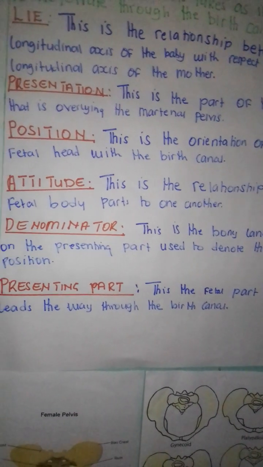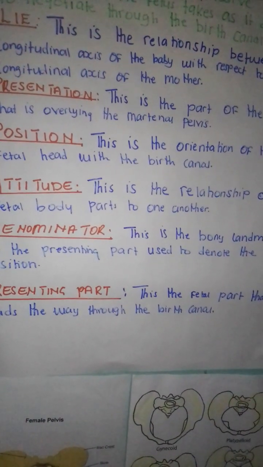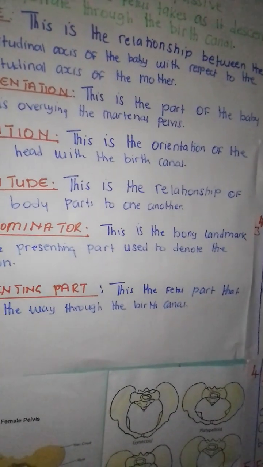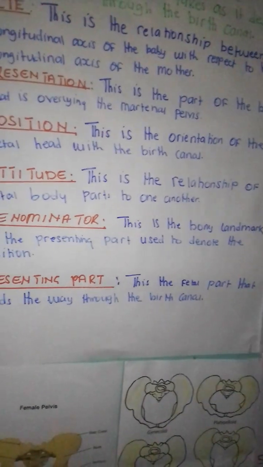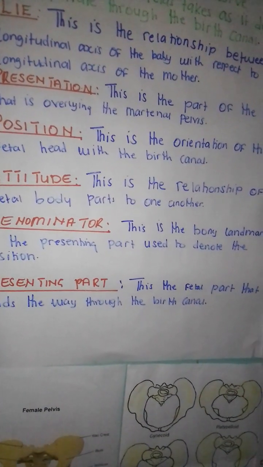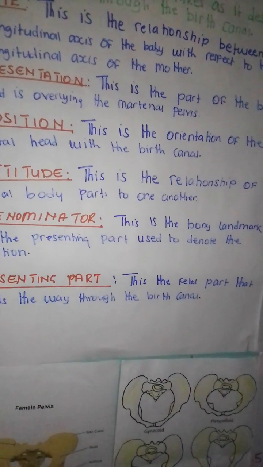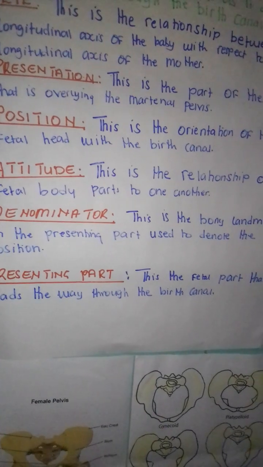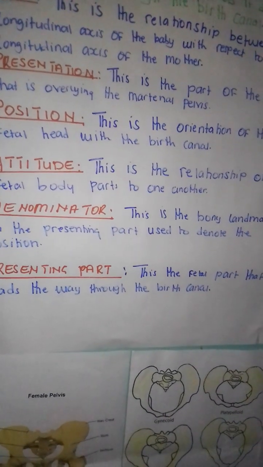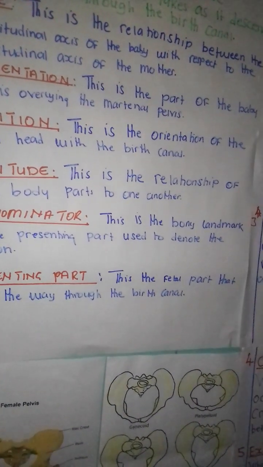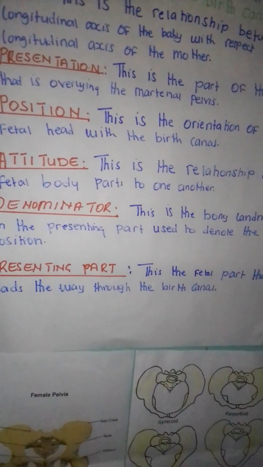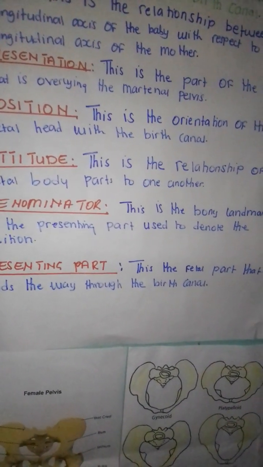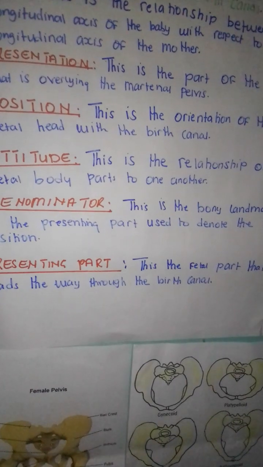That's a lie. The presentation is the part of the body that is overlying the maternal pelvis. Then you have the position. The position is the orientation of the fetal head with the birth canal.